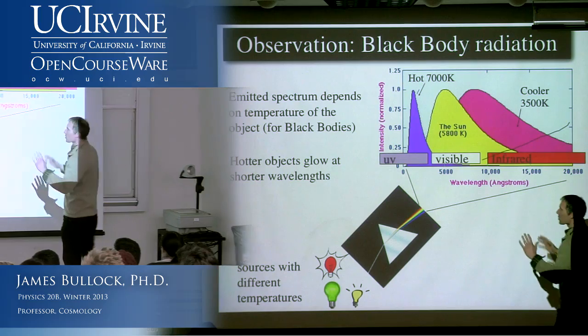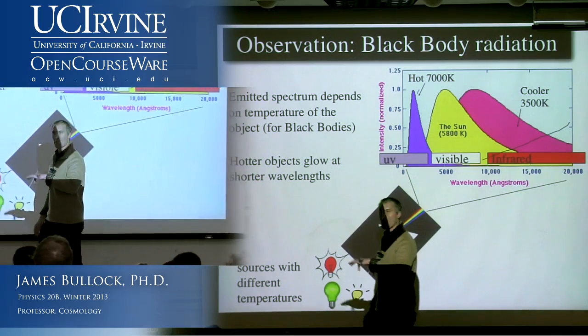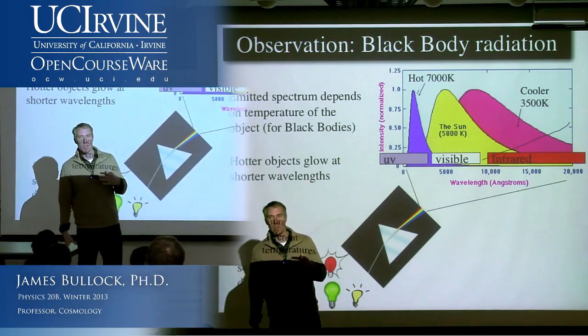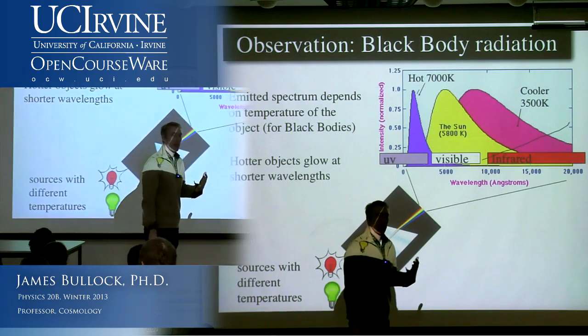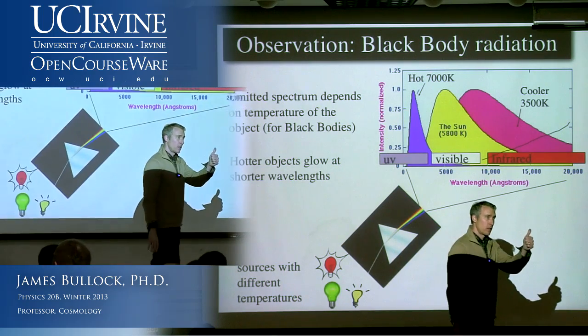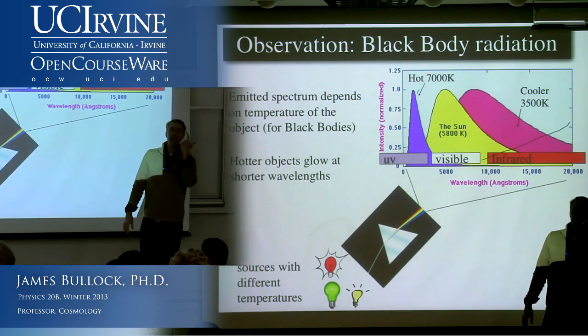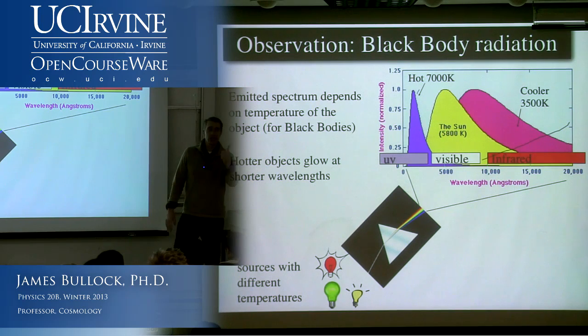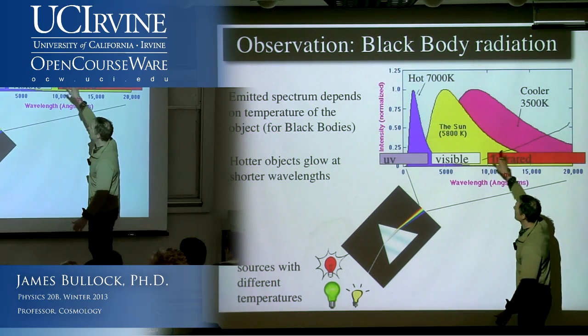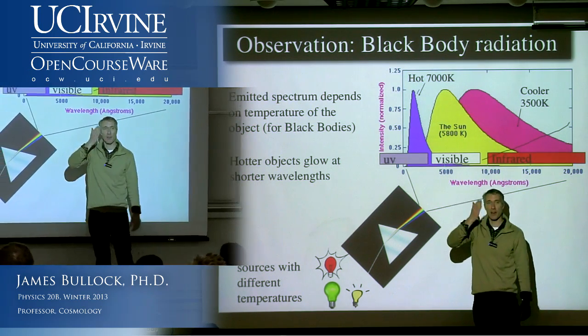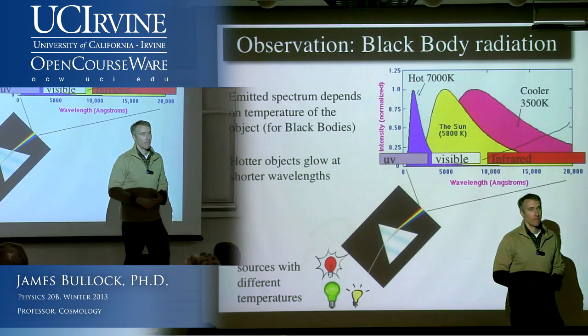But this is just an observed fact, and they have a very specific type of spectrum called a black body spectrum. If you know its temperature, that's all you need to predict exactly how much light is coming out at each and every wavelength.